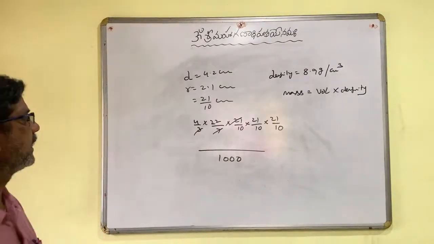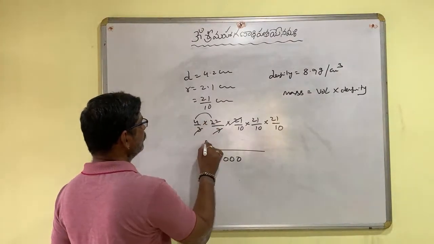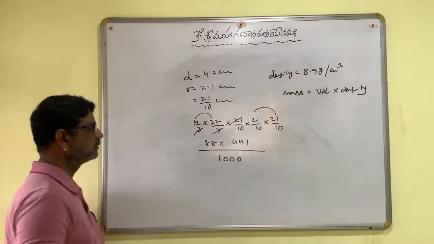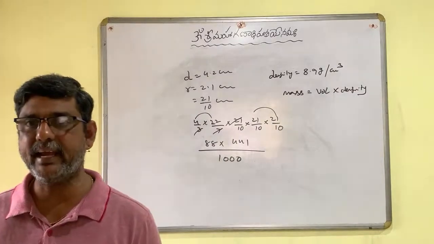Now multiply the numerators. These two are 88 and these two are 441. First multiply 88 into 441.